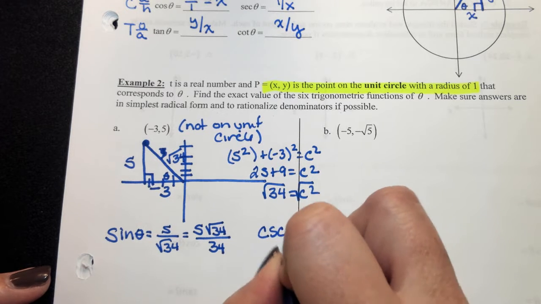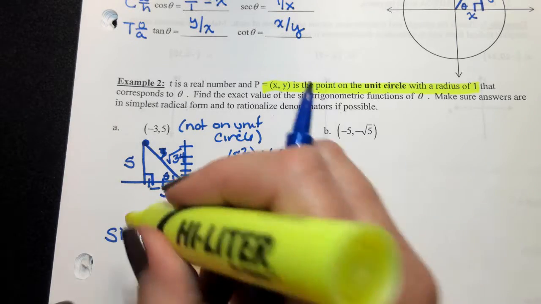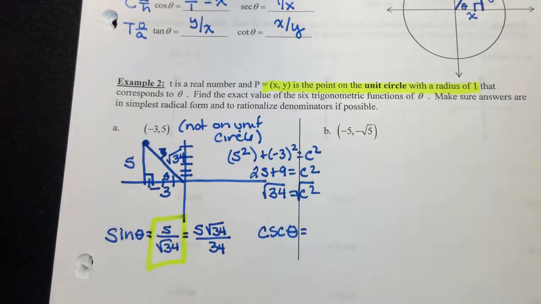I like to immediately do the reciprocal ratios since I know sine. Now guys, unless you love rationalizing, don't flip the fraction that you just rationalized. Flip the fraction that you found when you initially did the opposite over hypotenuse. What's the reciprocal of 5 over square root 34? Square root 34 over 5.